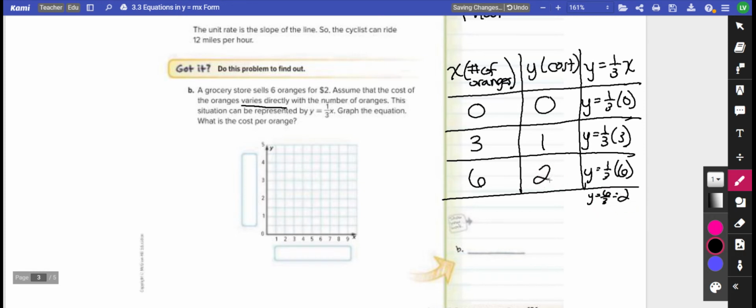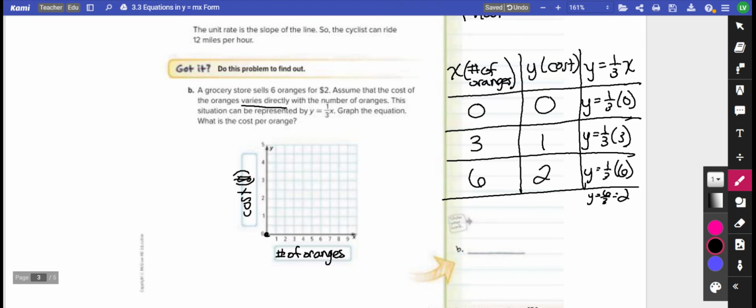So I'm going to graph these. Well, before I graph them, I need to label my x-axis and my y-axis. My x-axis is the number of oranges. The y-axis is the cost, and that's in dollars. So I'm going to plot the point 0, 0.